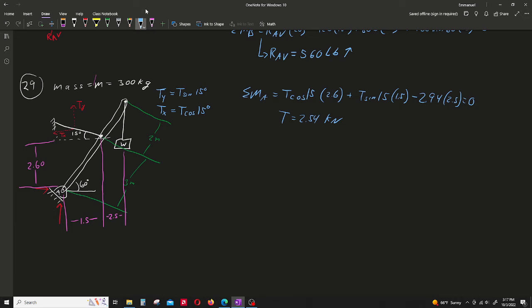If you wanted to, you could solve for Ty and Tx. So remember, you can just bring this over here and plug into both of these equations there.